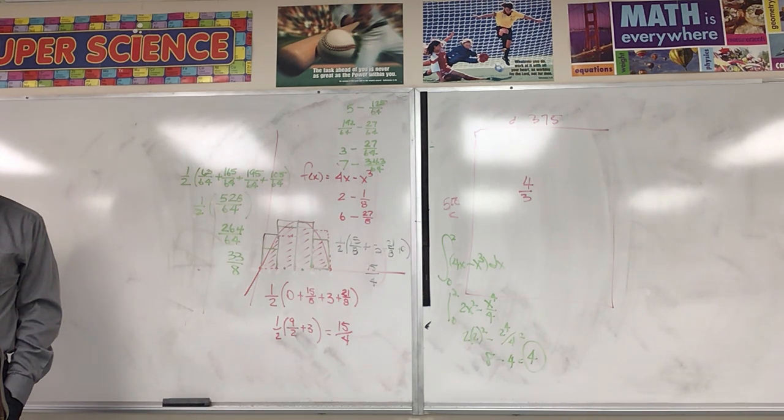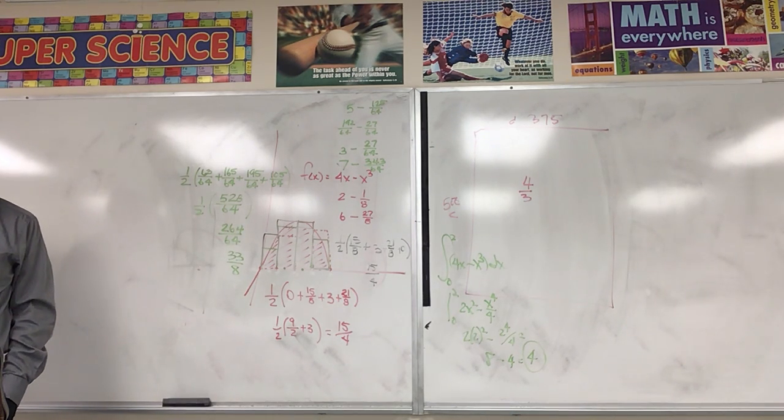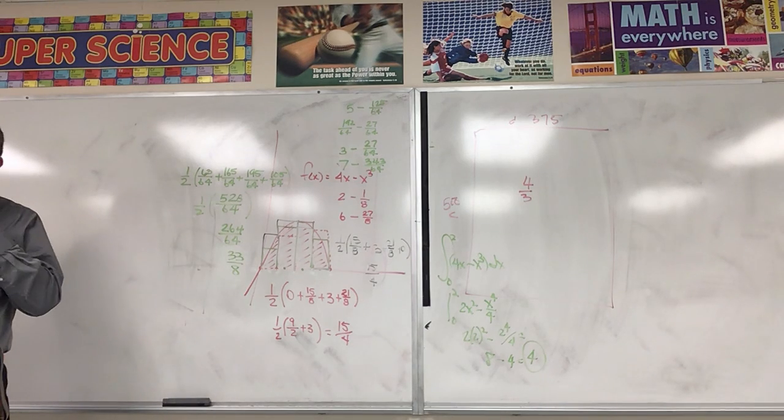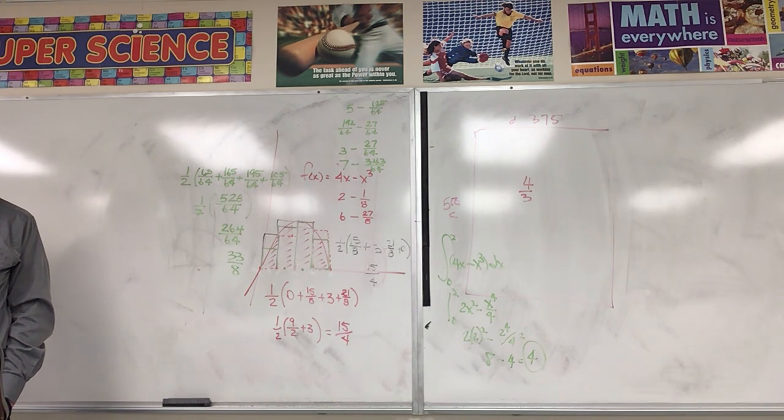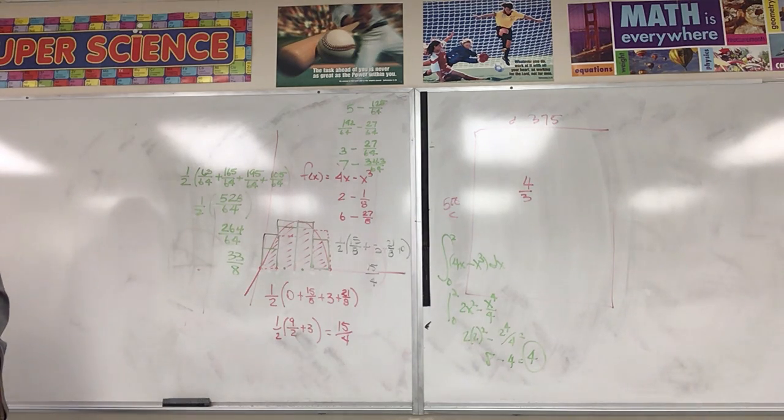So 7 plus 2 is 9. So it is true. Do we understand why it's true? Make sure if you have a question you ask. You say no, Connor, or yes. I said yes.